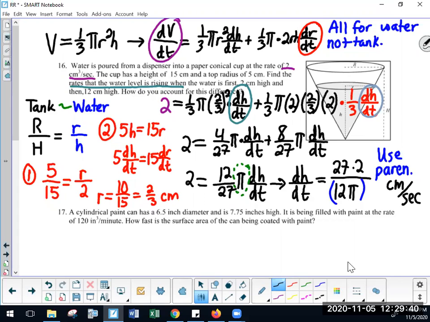That last question, how do you account for this difference? And the way I think about it is at the bottom of the cup, the conical cup, that's what it is. At the bottom of the conical cup, you have a very small amount of volume, right?